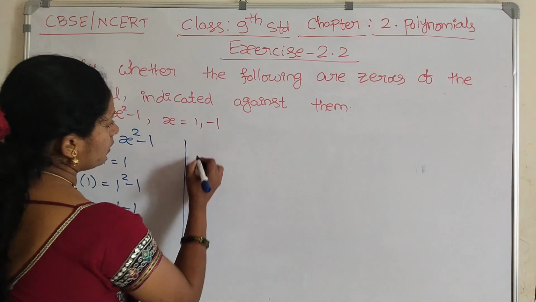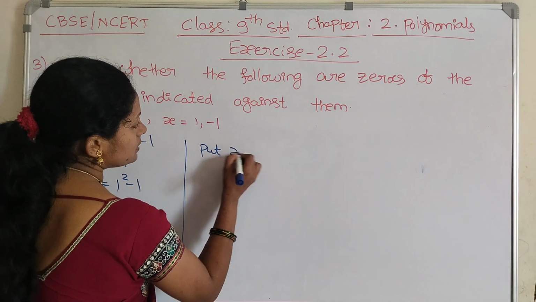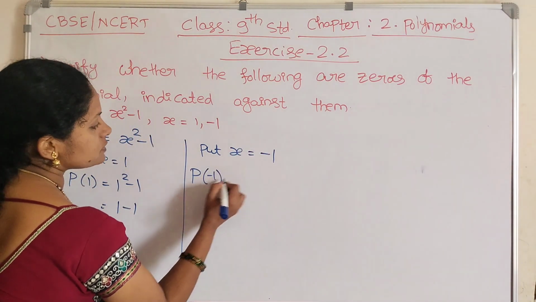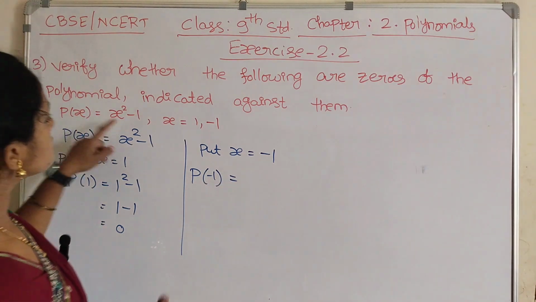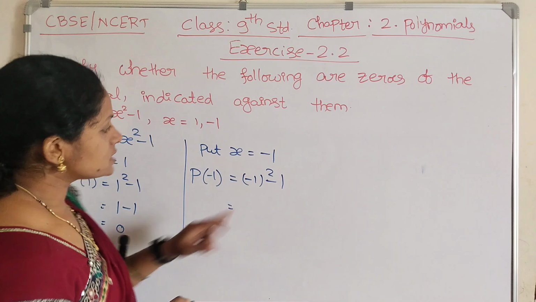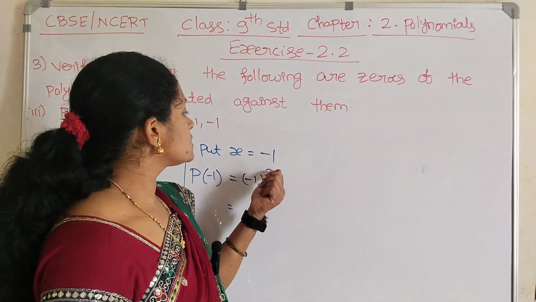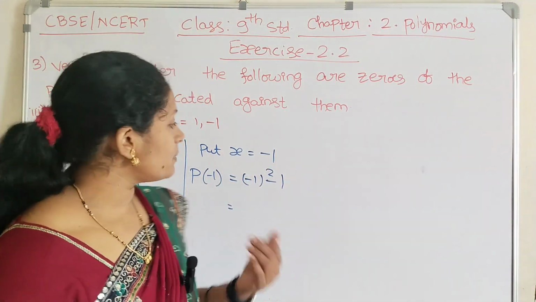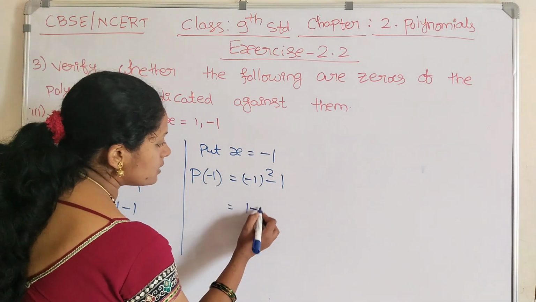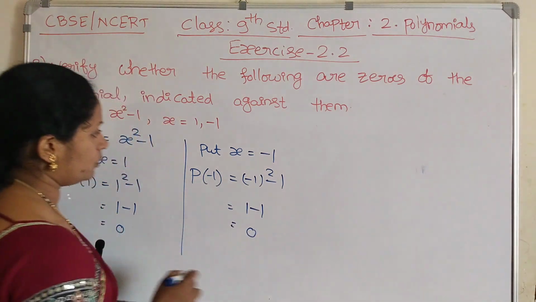Next, put x = -1. P(-1) = (-1)² - 1. (-1) whole square means this square is for the minus also. That's why minus into minus will become plus. 1 × 1 is 1. 1 - 1 = 0.